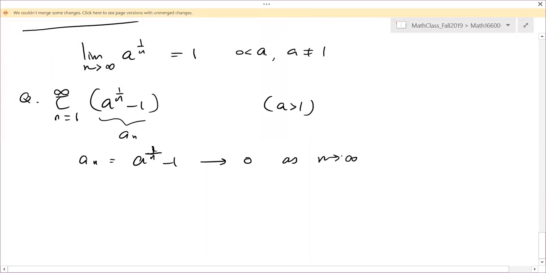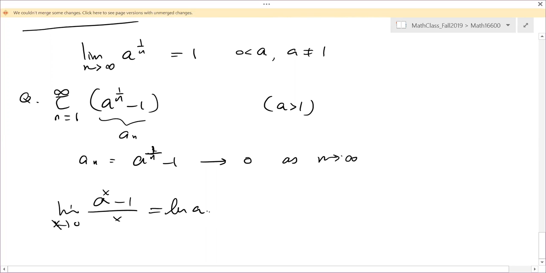Let's try to see whether this has a limit. For example, like this. I think this has a limit. This gives you the derivative at x equals 0, which is the natural log of a.